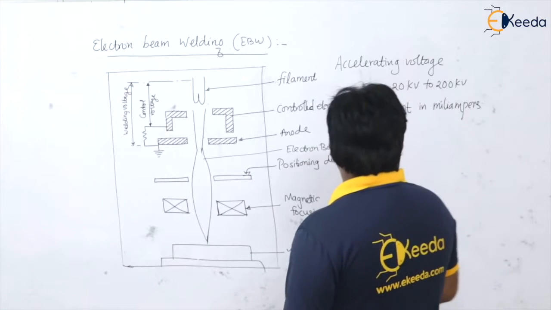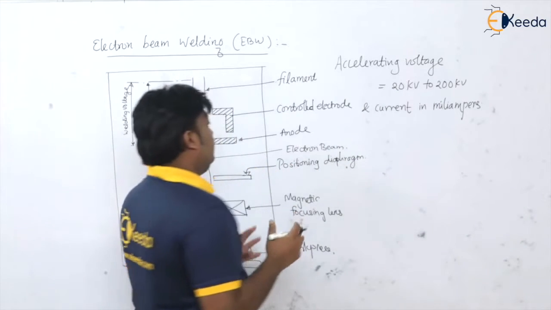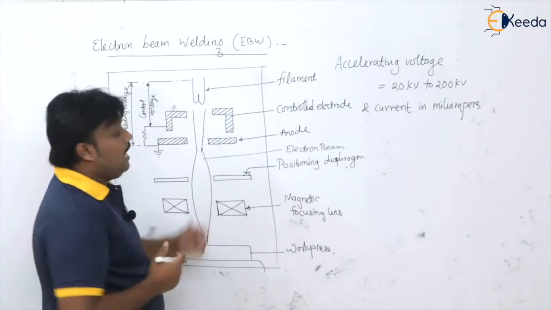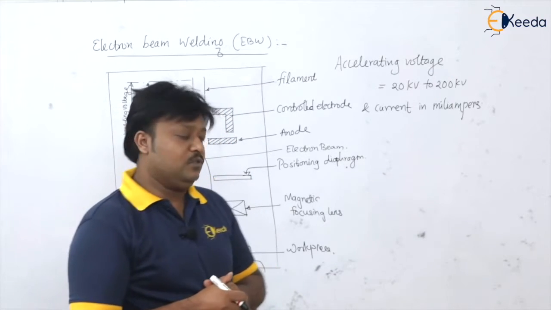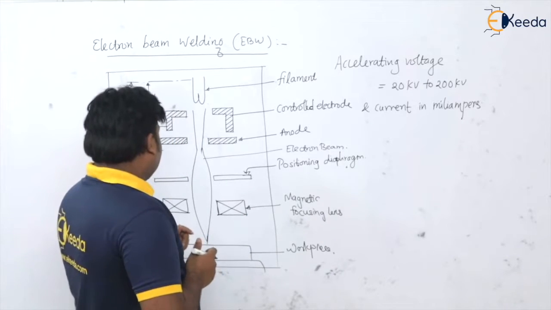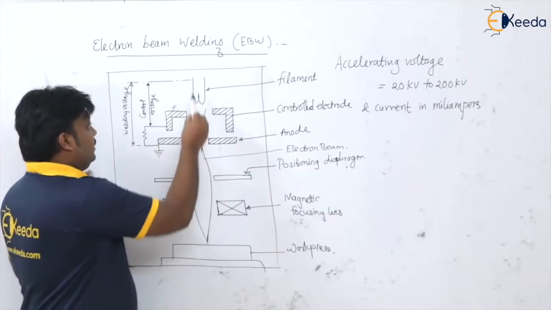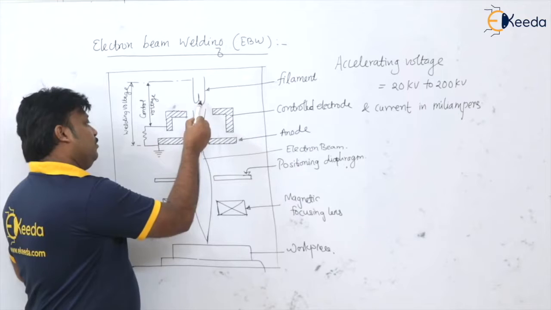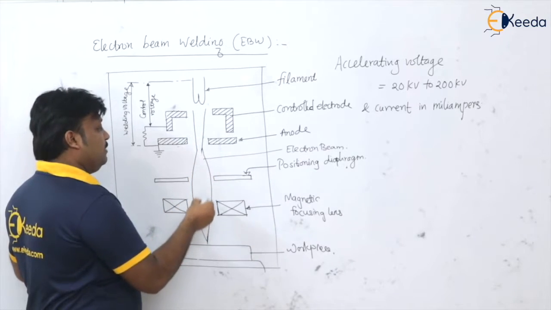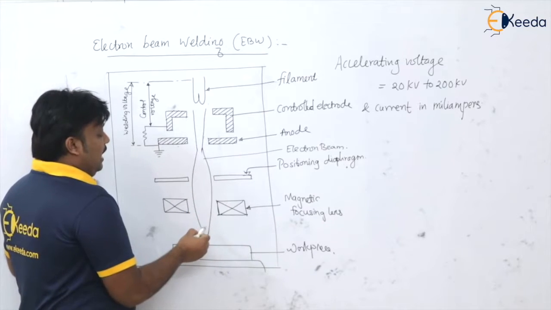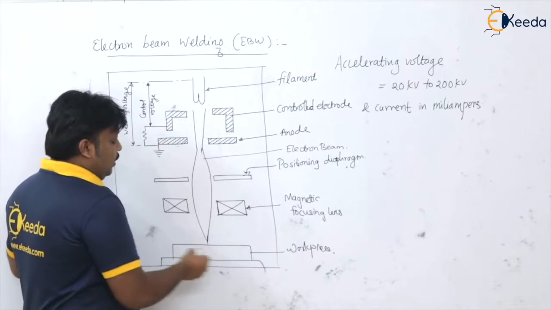This is the accelerating voltage and current used in the electron beam welding process. The electrons emitted from the cathode get accelerated by the ring shaped anode, then get focused by the magnetic lenses, and finally impinge on the work surface.